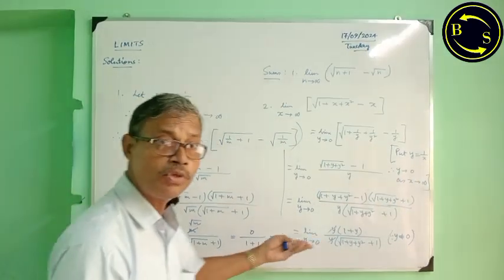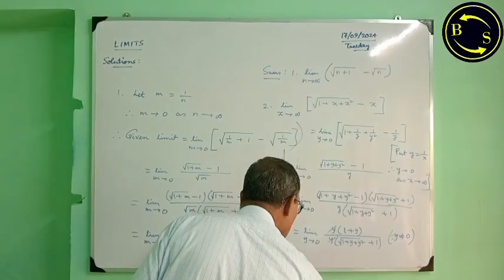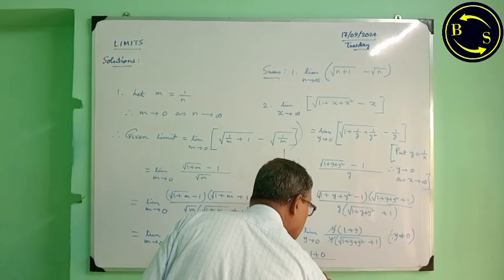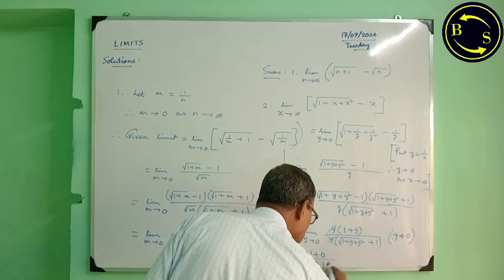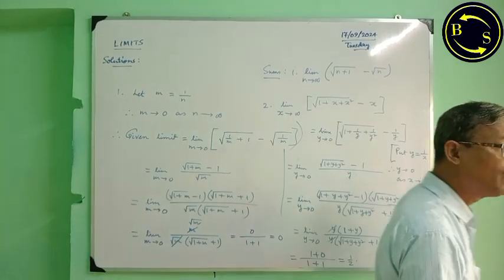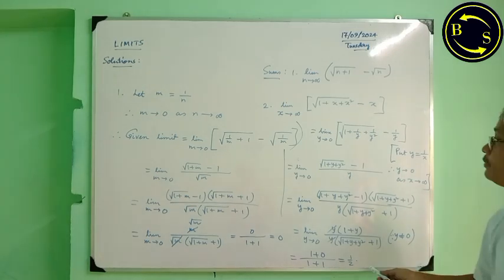Then finally we put y equal to 0, and what do we get? Numerator 1 plus 0, denominator 1 plus 1, that is equal to half. Thus the result is half.